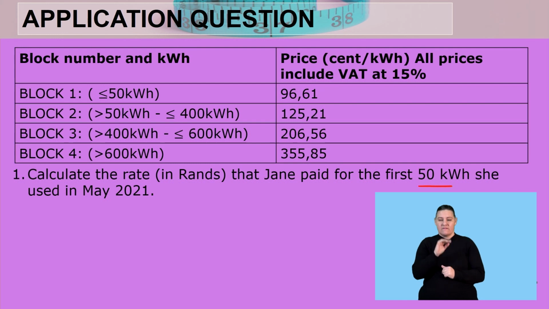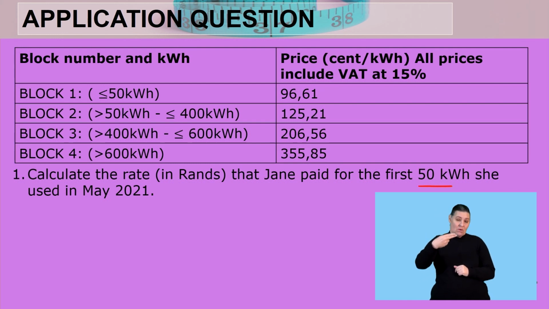Calculate the rate in rands that Jane paid for the first 50 kilowatt hours she used in May 2021. So looking at that, for the first 50 kilowatts, it comes from block 1. The charge there is 96,61. Now, if you look here, cents per kilowatt hour.